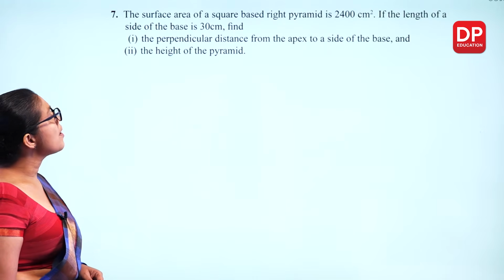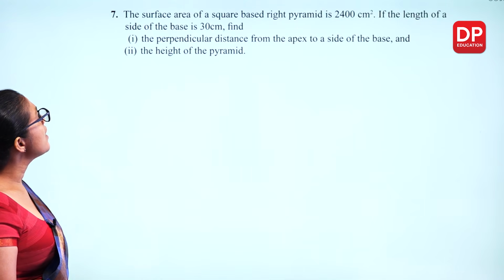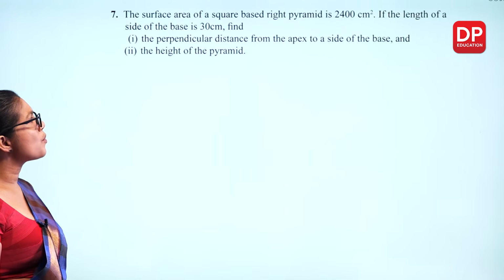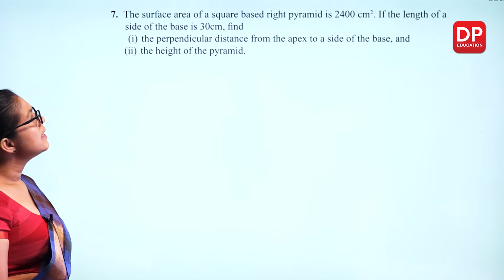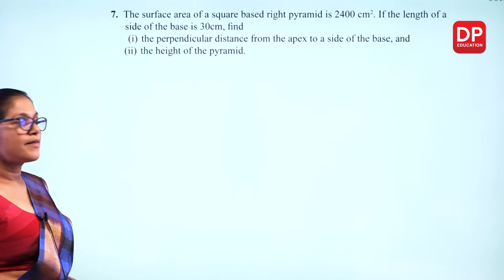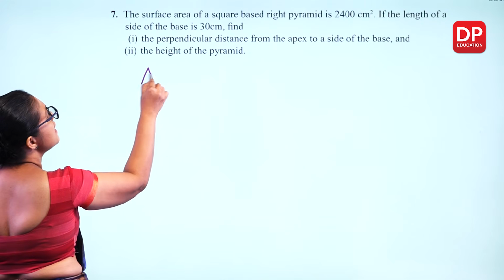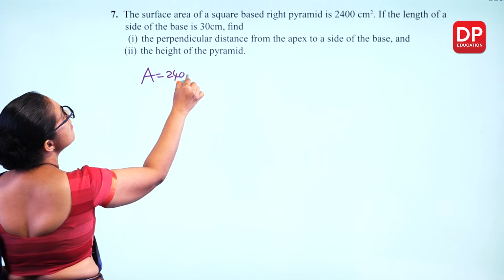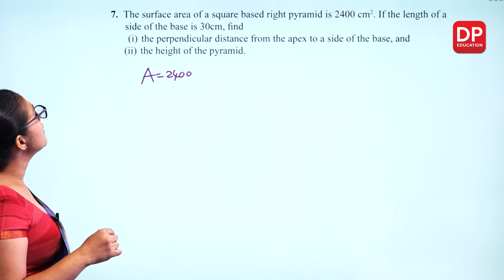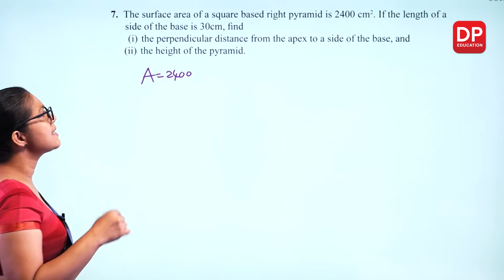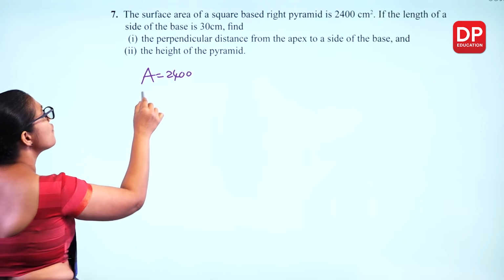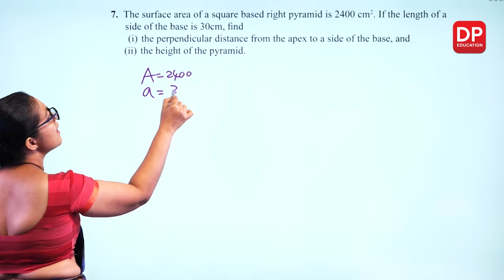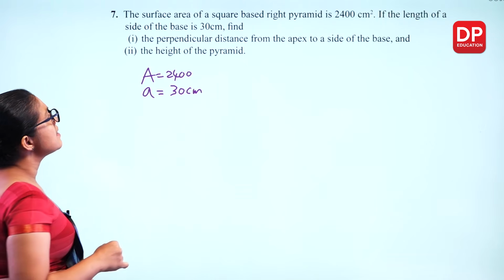Now we'll take question number 7. In this question it says the surface area of a square base pyramid is 2400. So capital A is given, 2400. The length of a side of the base is 30. What is the letter we use for base length? A. A is 30 centimeters.